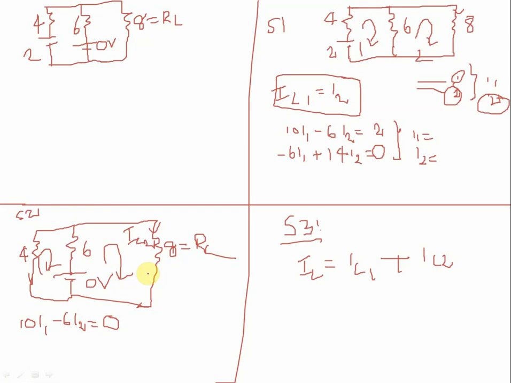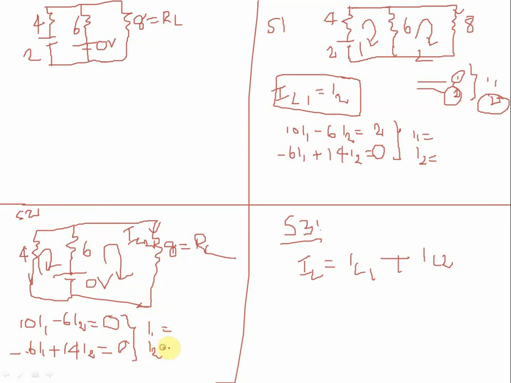Similarly, loop 2, minus 6 I1, then 14 plus 14 I2, it is equal to 0. Okay, from that one you can tell me what is I1 and what is I2.